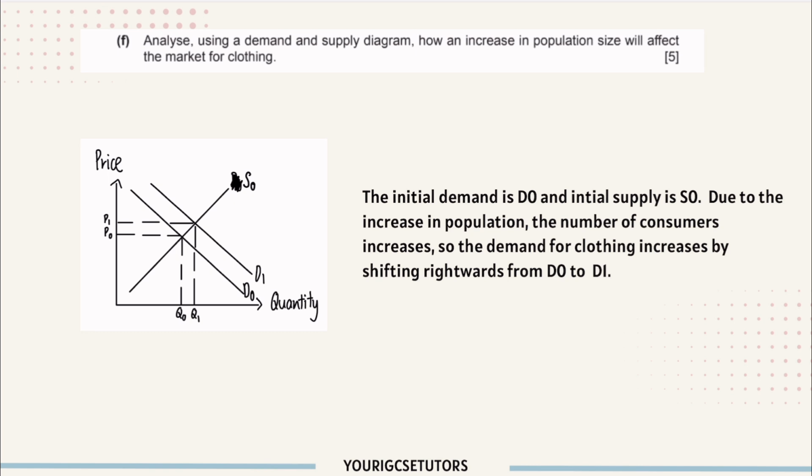So the demand for clothing increases by shifting rightwards from D0 to D1. So the entire answer, what will gain you a mark, is this analysis, which is here. Due to the increase in population, the number of consumers increases. This is the main part, the analysis.